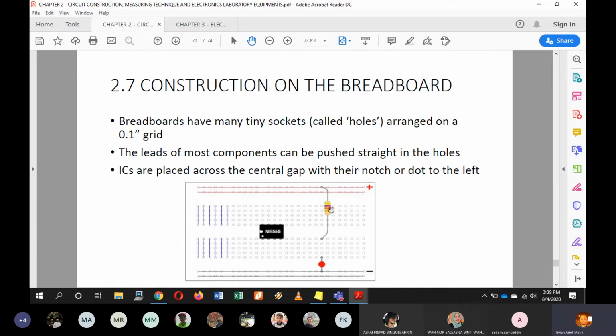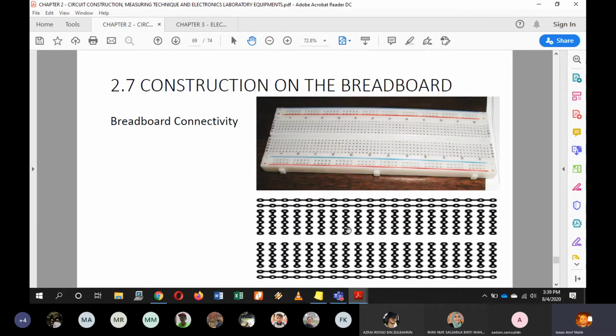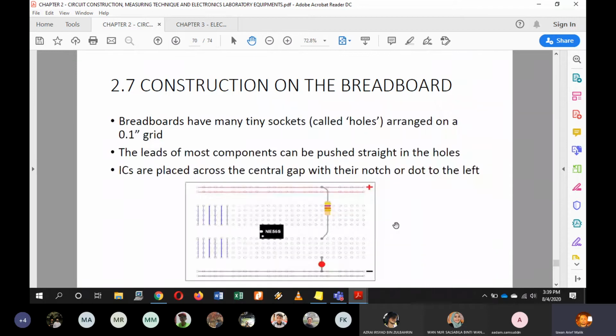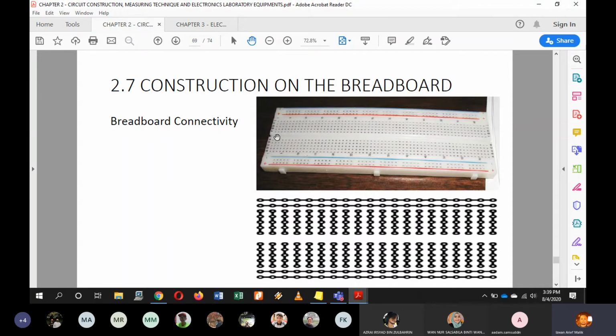So you have here an example, a connection of a resistor. You can place it wherever you want, as long as they are connected with regard to this connectivity. If placed wrongly, the output will be wrong. But for an IC, normally we place it in between, in the middle, somewhere on this part here.